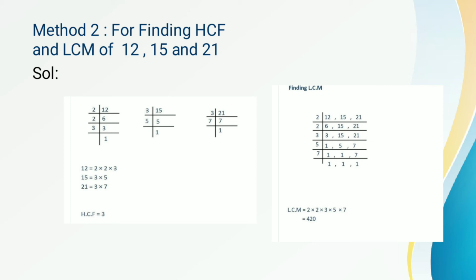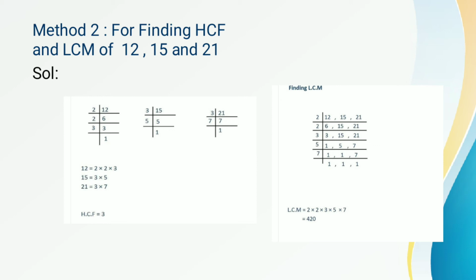In a similar way, we write the factors of the three numbers as 12 equal to 2 into 2 into 3, 15 equal to 3 into 5, 21 equal to 3 into 7. Hence, the HCF is obviously 3. As we do separate factorization, we get the HCF as 3.